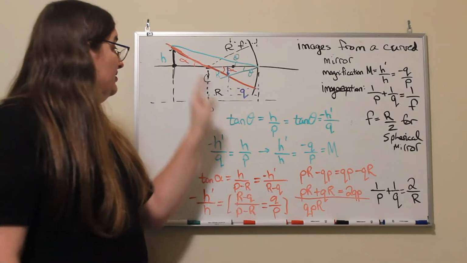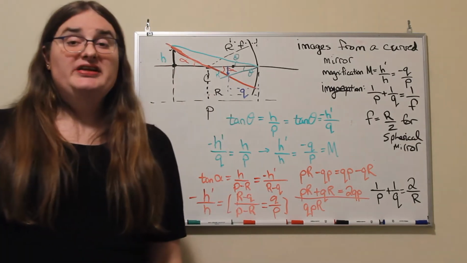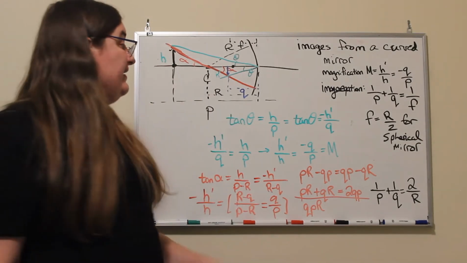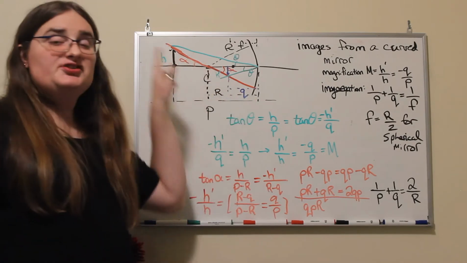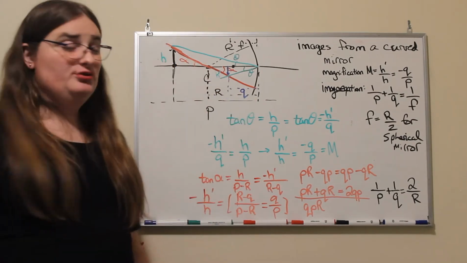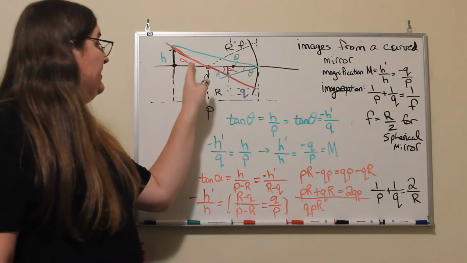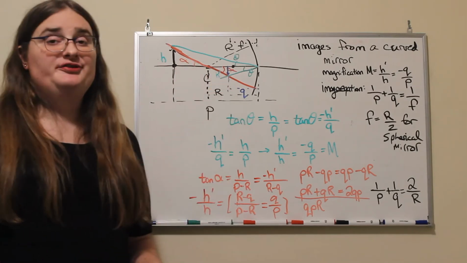Now, let's take a look at the other triangles that we have. If we take a look along this red line, we get two triangles that have the same angle, alpha.